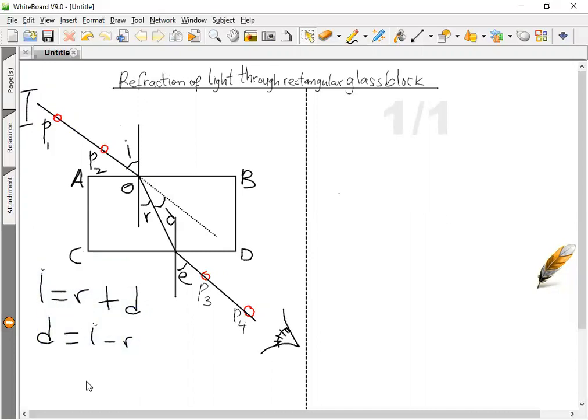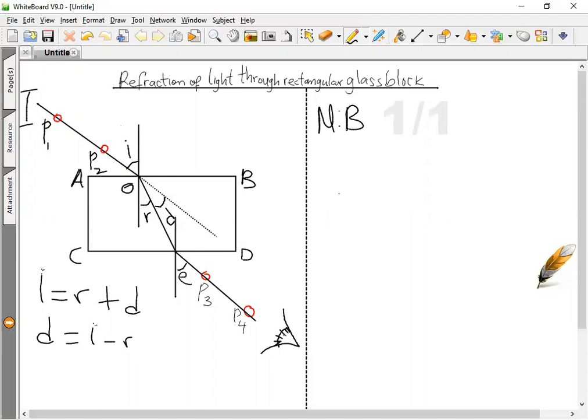Now, there's something I would like to tell you. Note: your angle of emergence is parallel to your angle of incidence, theoretically and practically.